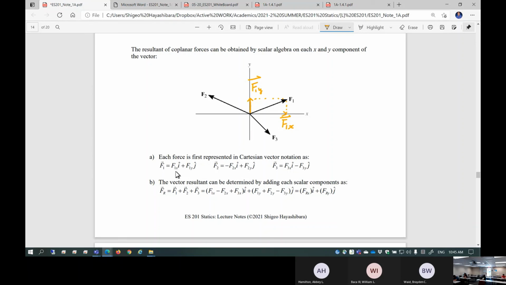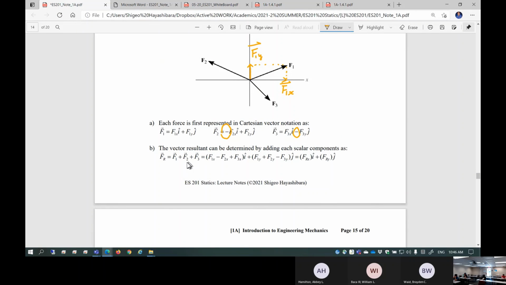F1 is going to be resolved into F1x and F1y. F2 is going to be resolved into F2x and F2y. One of them is minus, of course. This is F2x, which is in the negative x direction. That's why it's minus. Right? F3 is F3x and minus F3y, of course. This is the negative y direction. That's why it's negative. So anyways, each one of those can be resolved into x and y components, and then each component can be added together. Some of them are negative because it's a negative direction, but you just sum them up.